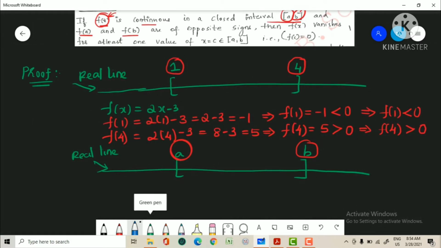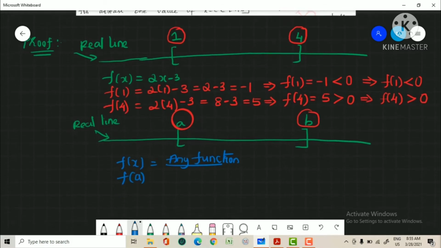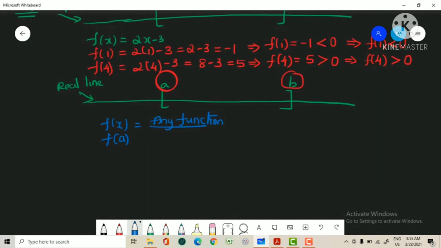Here suppose you have function f of x. It can be any function. Okay, here also you will try to find out f of a as well as f of b. F of a should be less than 0, f of b should be greater than 0.